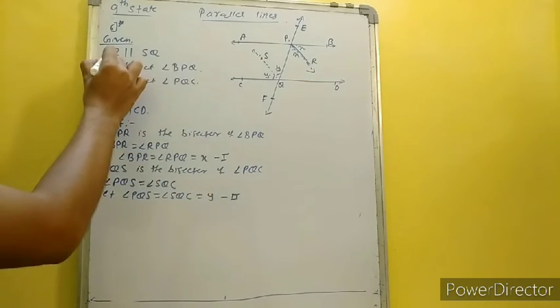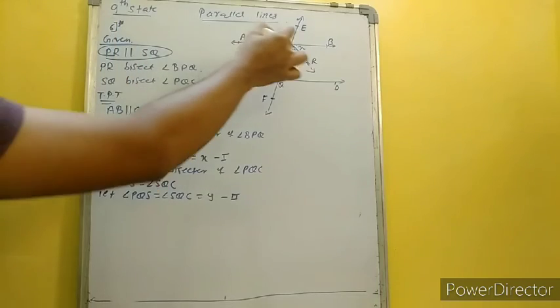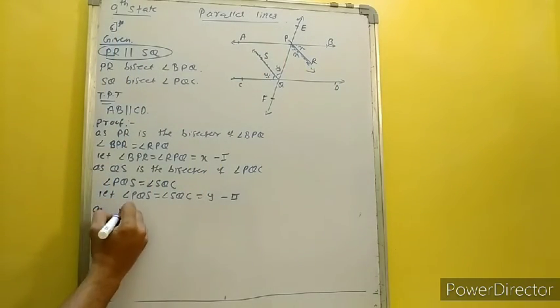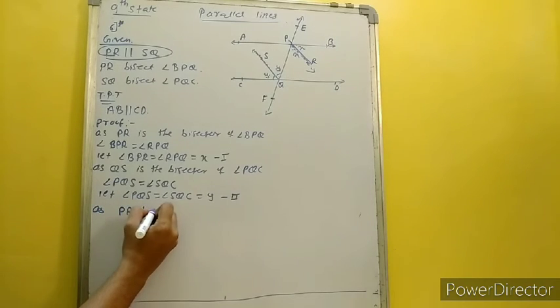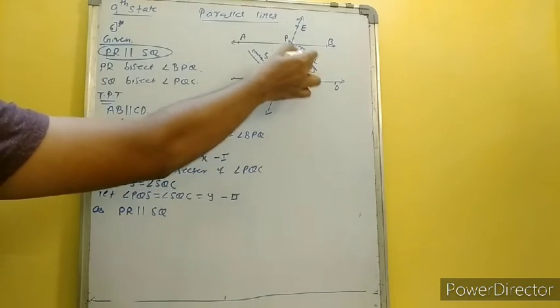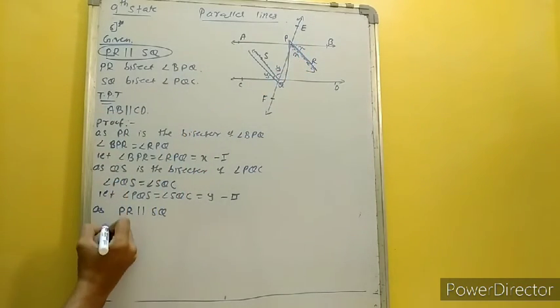We know that PR is parallel to SQ. So I write PR is parallel to SQ. As PR is parallel to SQ, the angles forming Z are equal.